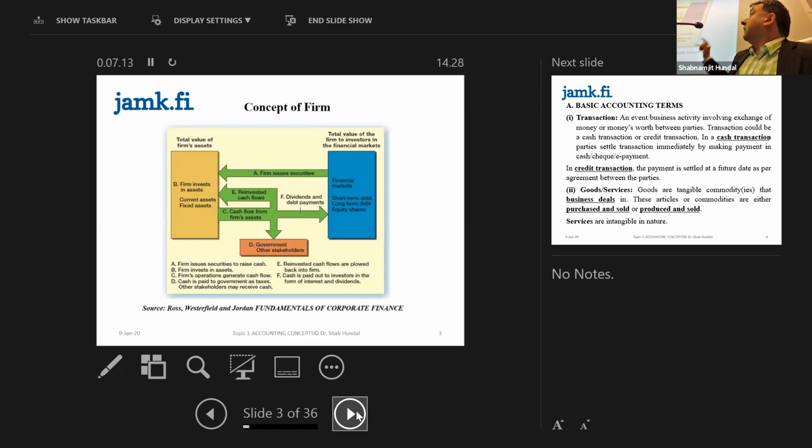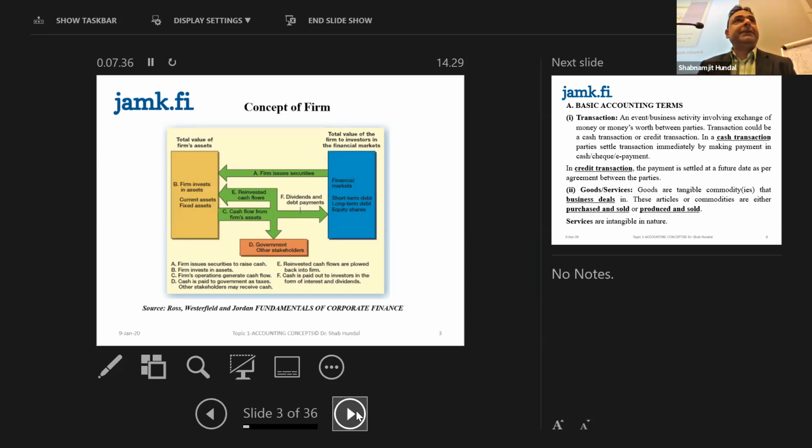Now, the firm issues. If you look at the first point, I'm still on point one. This is point A, just here. The firm issues securities. What do you mean by the word security? Does security mean you have to have somebody, a bodyguard, going with you, giving you security?